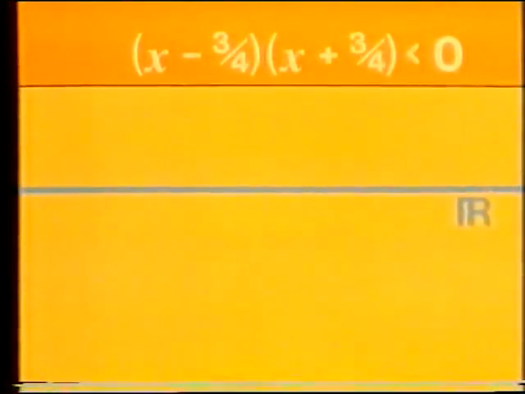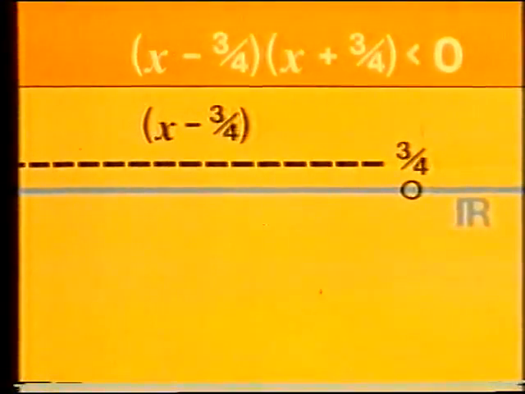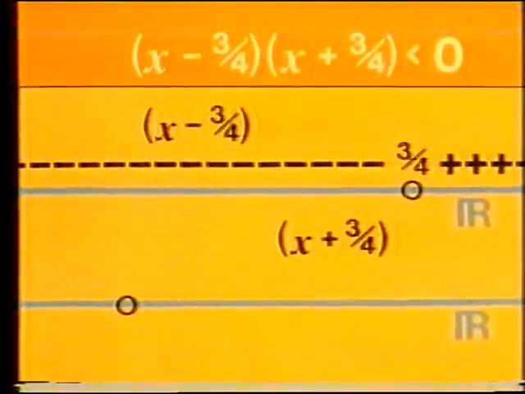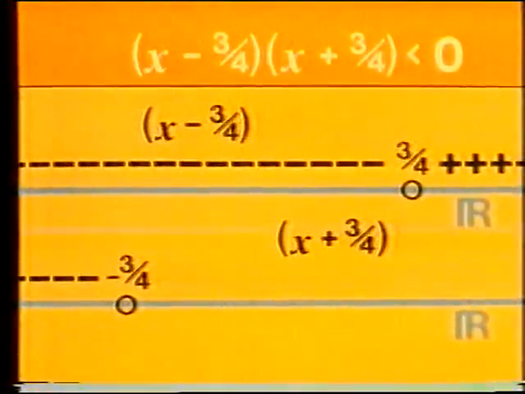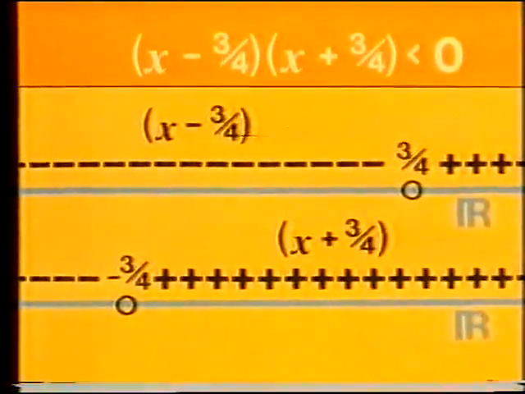We'll draw a sign diagram for x minus 3/4. Starting with negative numbers, this factor is negative up to x equals 3/4. For x greater than 3/4, the expression is positive. For the other factor, x plus 3/4, it's negative up to -3/4, and it's positive afterwards.